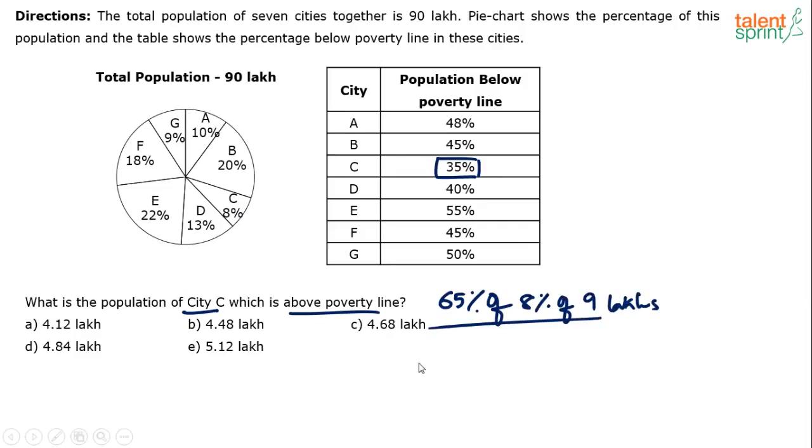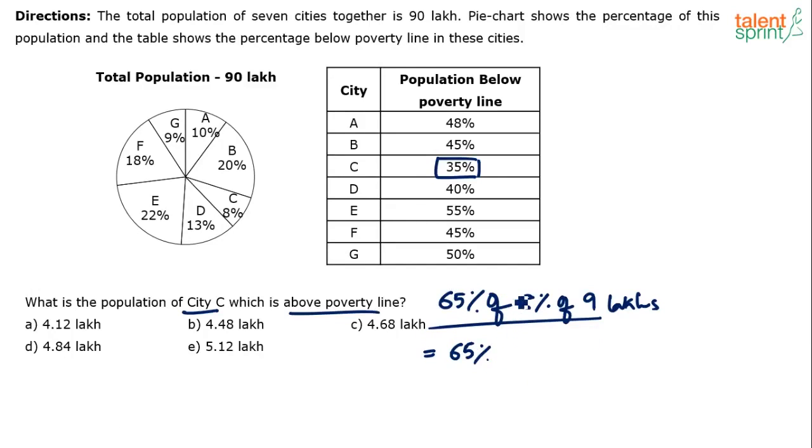Do the calculation. It's about calculation now. So 8% of 9 lakhs, 10% minus 2%, 90,000 minus 18,000, 72,000. So 65% of 72,000. There can be other ways of calculation also. What you can do is take 65% of 8% as 65 into 8 by 100. That also can be done.